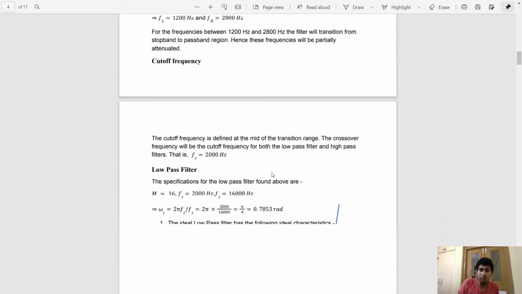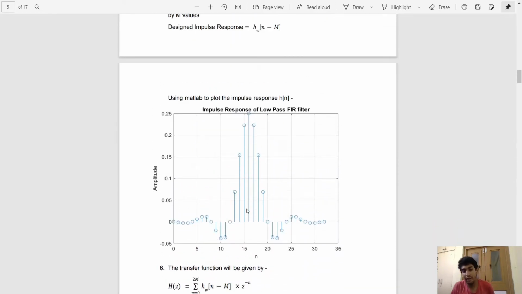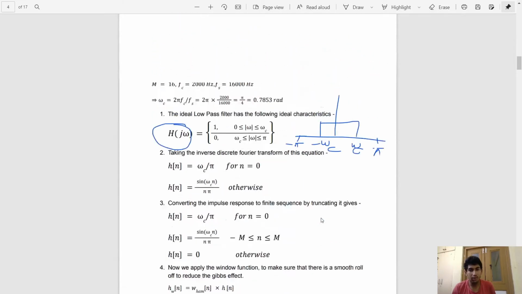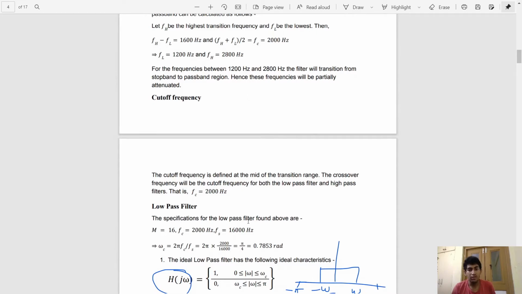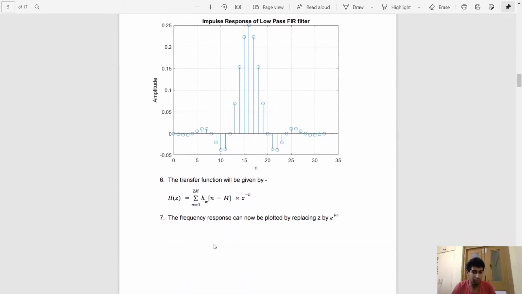For the low pass filter, this is the impulse response that I get. As you can see, it varies from 0 to 32, because the value of M was 16, so it varies from 0 to 33 actually. It is a totally causal filter because we have a finite number of terms, and we don't have any negative values.